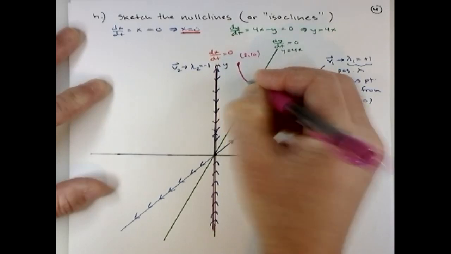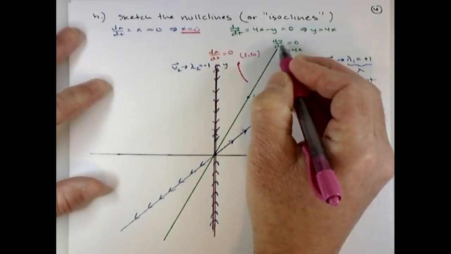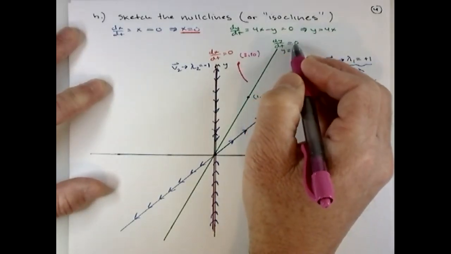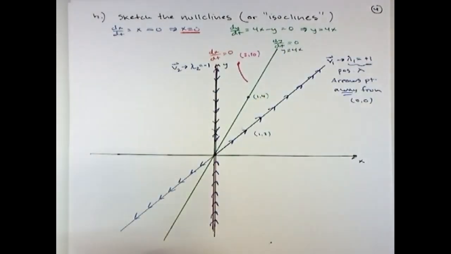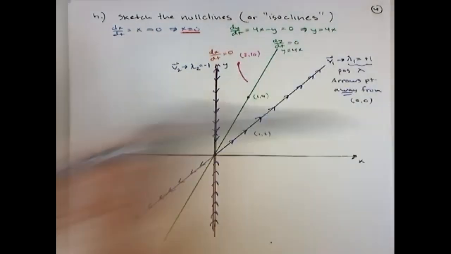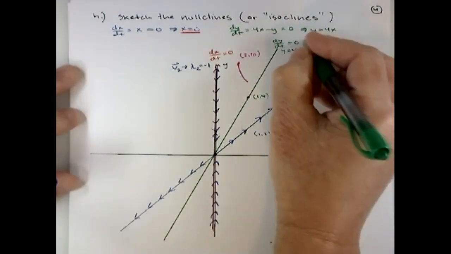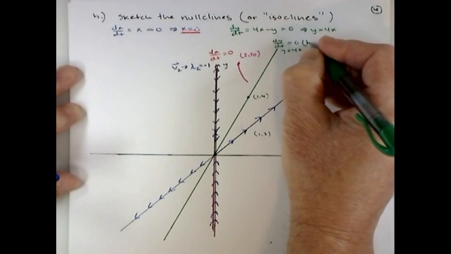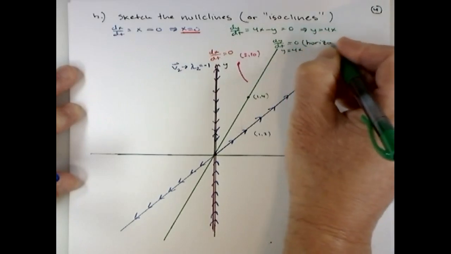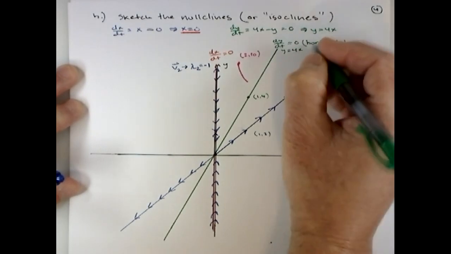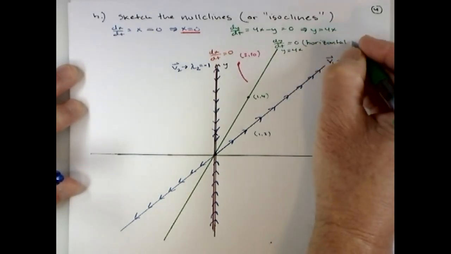Now here's another thing we can ascertain from this. Remember this null line is all of the places where dy/dt equals 0. What does a vector look like if there's no change in the y direction? It means everywhere on this null line, my solution will cross this horizontally.